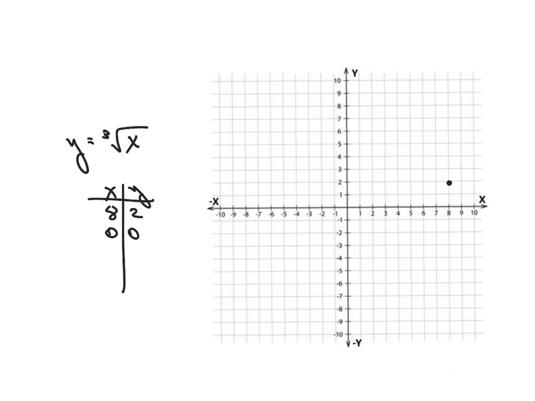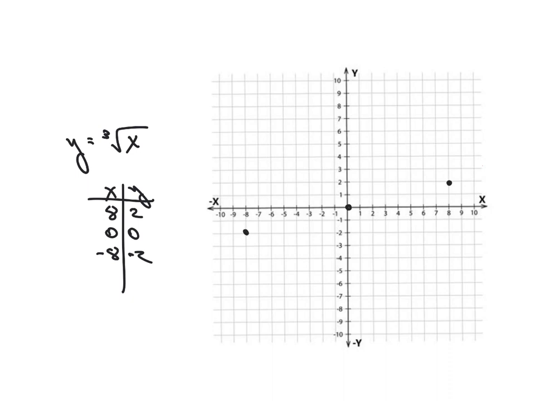Then we get 0. Let's say we put in negative 8. If we put in negative 8, what number times itself three times gives us negative 8? Negative 2. So negative 8, negative 2. Oops, I'm sorry. Wrong one. Negative 8. Nope, that was right.